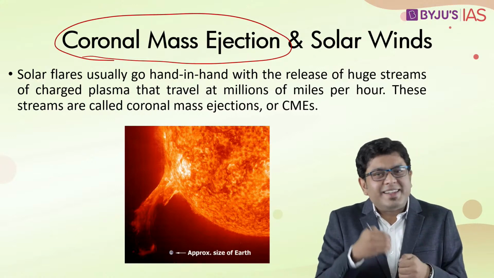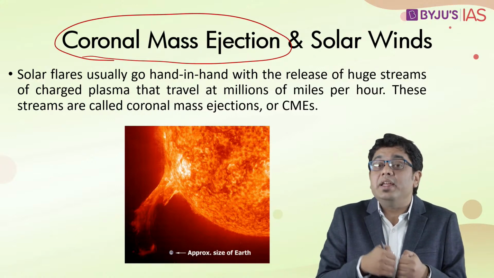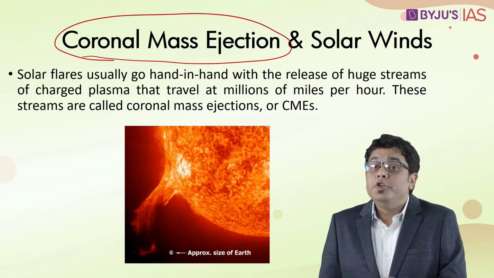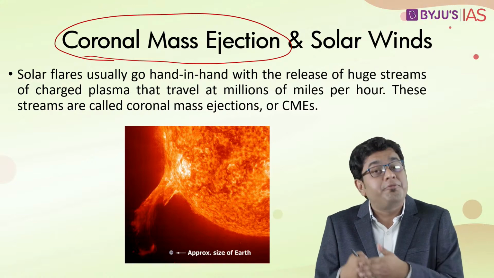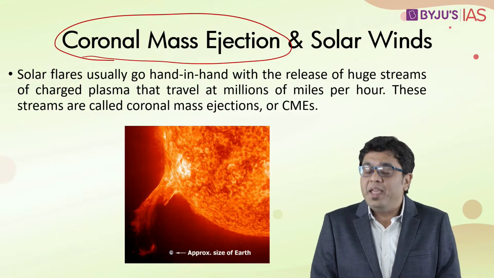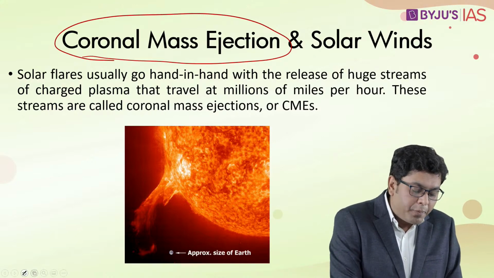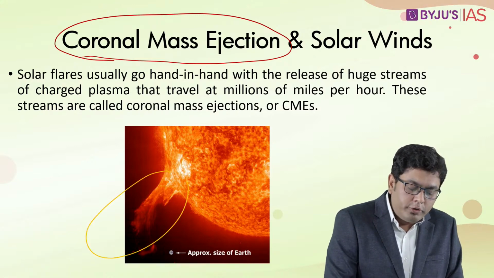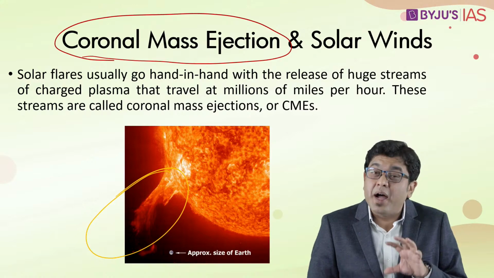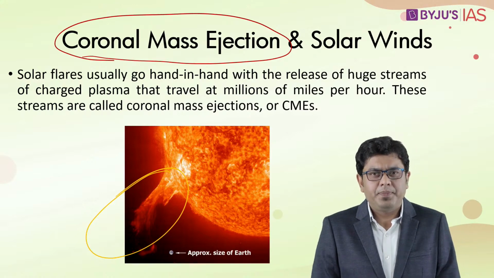So, due to the disturbance in the magnetic field caused by the presence of sunspots and the occurrence of solar flares, a significant proportion of mass from the corona is also expelled from the surface.